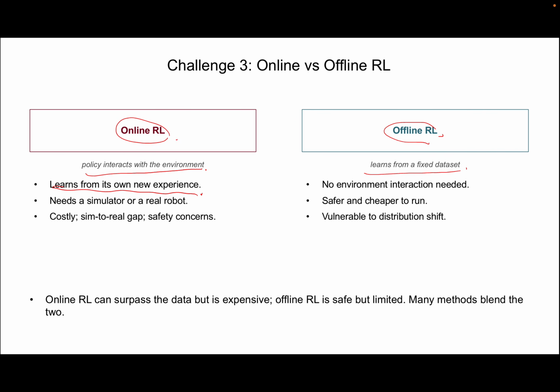Offline RL needs no environment interaction and is safer and cheaper to run, but is vulnerable to distribution shift. Online RL can surpass the data, but it's expensive. Offline RL is safe but limited. Many methods blend the two.